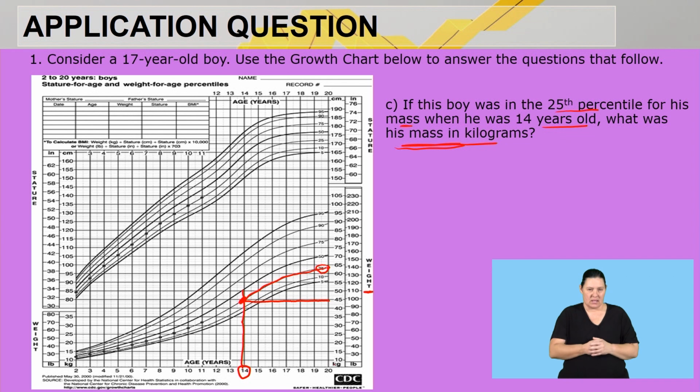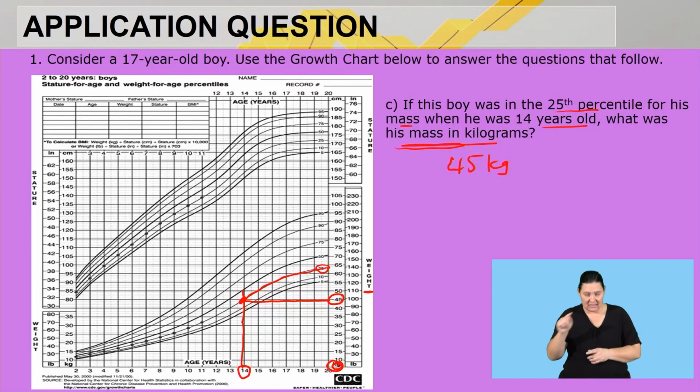And I'll see, okay, there's the kilograms, meaning this boy, when he was 14 years old, for the 25th percentile, had a weight, or his mass was 45 kilograms. Guys, I hope that is clear to you. So 25th percentile, 14 years old, had a mass of 45 kilograms.